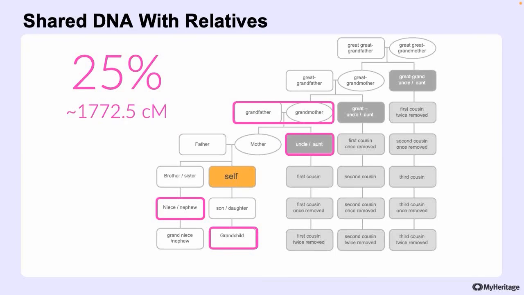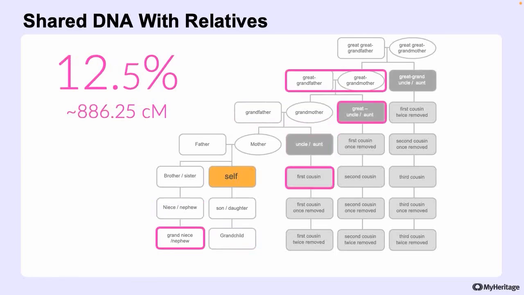So if we look at the genetic information, it indicates a relationship, but there are relationships that are genetically equivalent. The amount of DNA that we share with these people is the same, but the type of relationship is different.